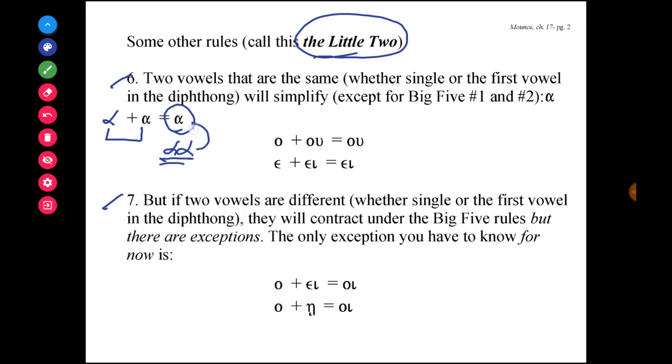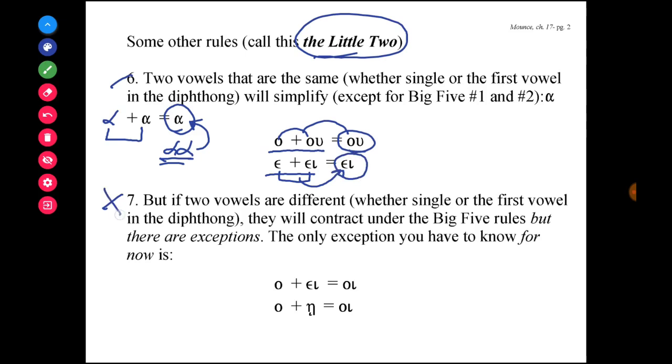Instead, it'll simplify to a single alpha. And that holds true also for diphthongs. If you add omicron to omicron upsilon, the omicrons simplify, and you still get the same diphthong omicron upsilon. If you add epsilon to the diphthong epsilon iota, the epsilons simplify to an epsilon, and you still have the same diphthong being retained.